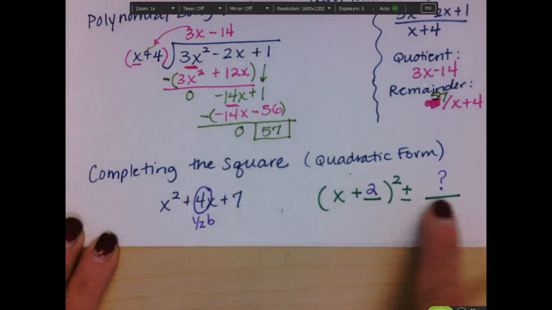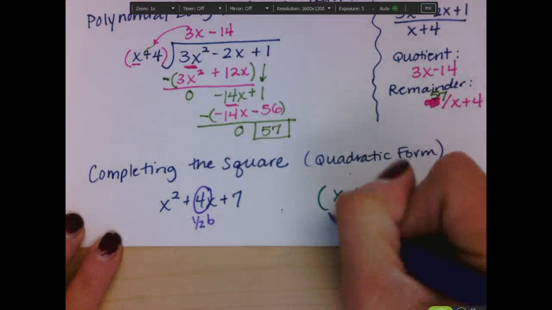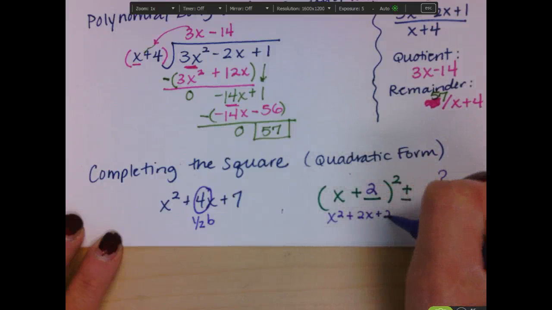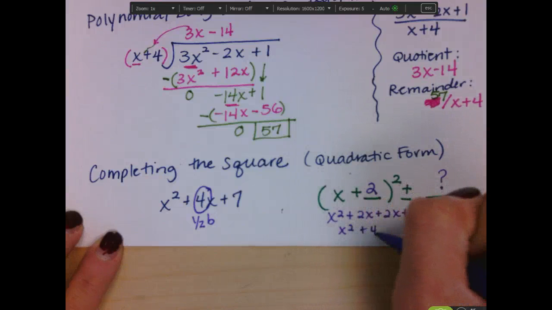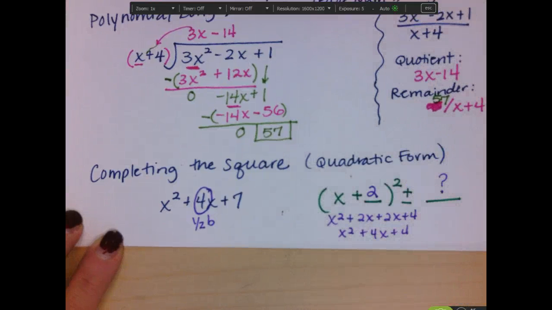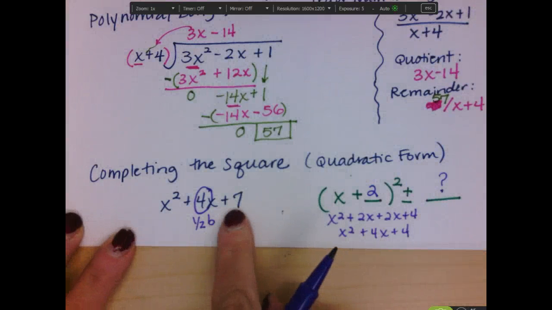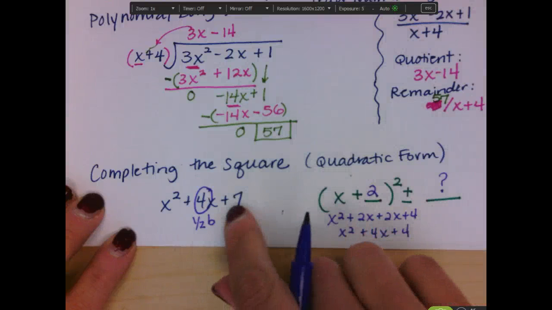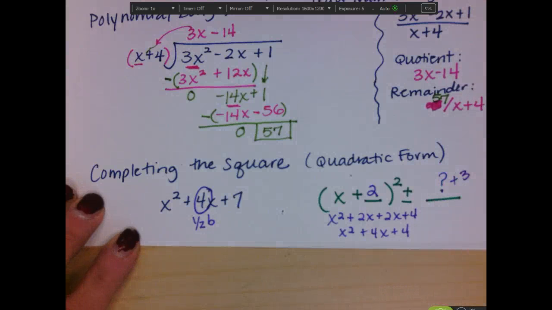So let's just do a quick check in terms of what this perfect square will produce. X squared plus 2x plus another 2x plus 4. So it gives us x squared plus 4x plus 4. What we really wanted was 7, so think about what do we have to do to this 4 to get 7, and that is that we have to add 3.